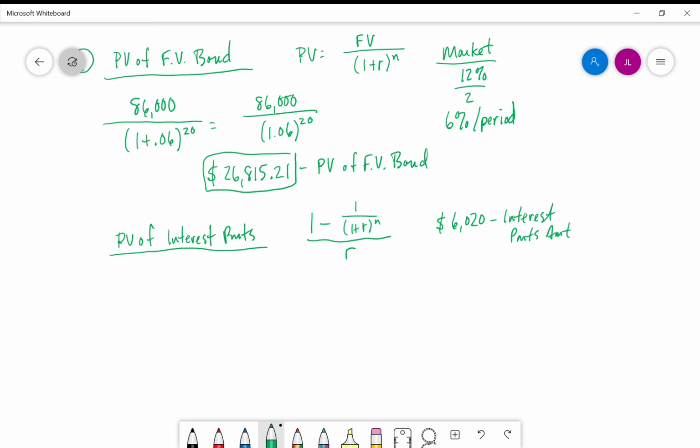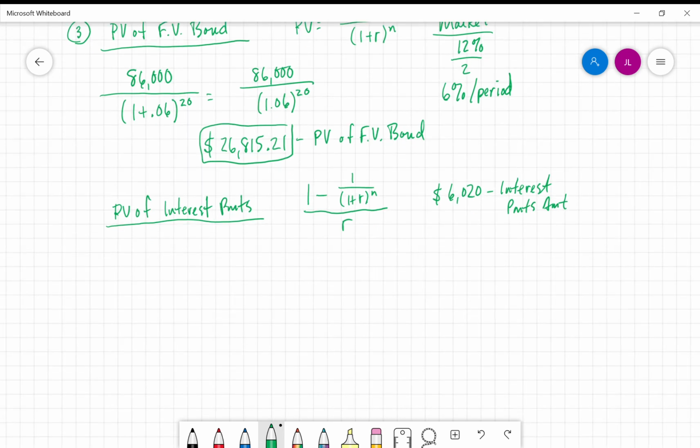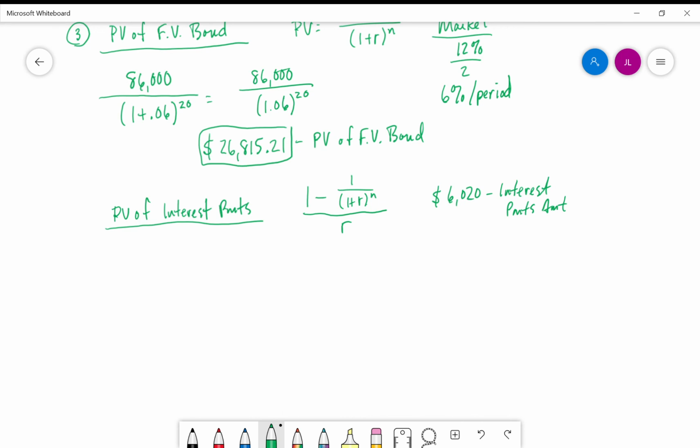So, to figure this, once we figure this using our 6% and 20 periods, we will multiply it by our interest payments to get the present value of that amount. So looking at this, we will essentially have 1 minus 1 over 1.06 to the 20th, and this whole thing is over 0.06.